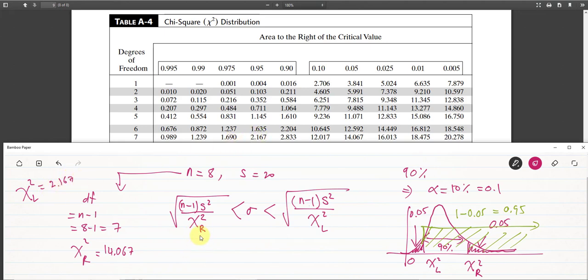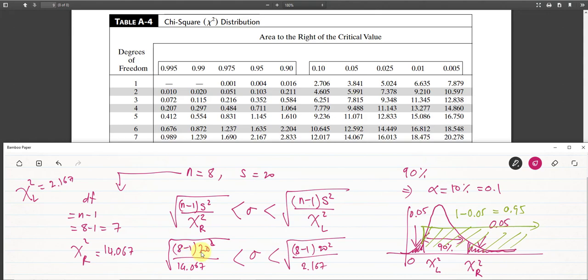2.167. And now if you plug in everything here, this is 8 minus 1, s is 20 squared, divided by chi-square of the right, which is 14.067, and then (n minus 1), 8 minus 1, s is 20, over chi-square of the left, which is 2.167.